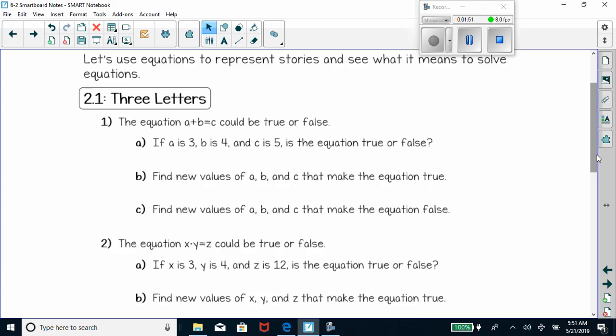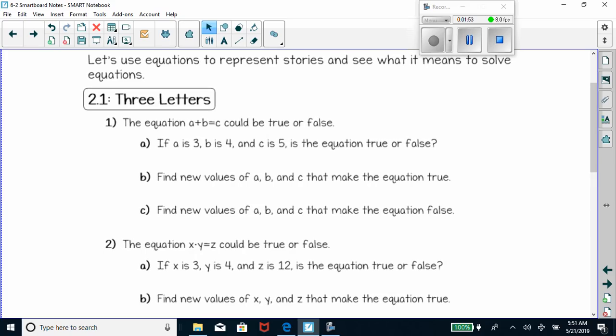So let's see, if A is 3, I better select a pencil here. Let's try this again.